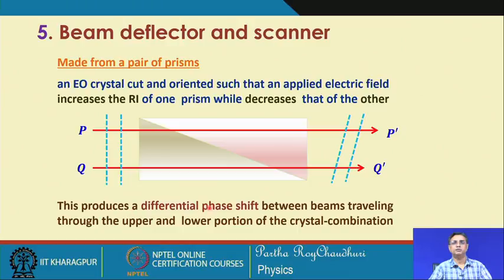This produces a differential phase delay, because the light travelling at the lower part and that travelling at the upper part see different optical paths. The beam coming out will be tilted, and in order to maintain the plane wave front of the input, this entire beam will be deflected with a certain divergence angle.